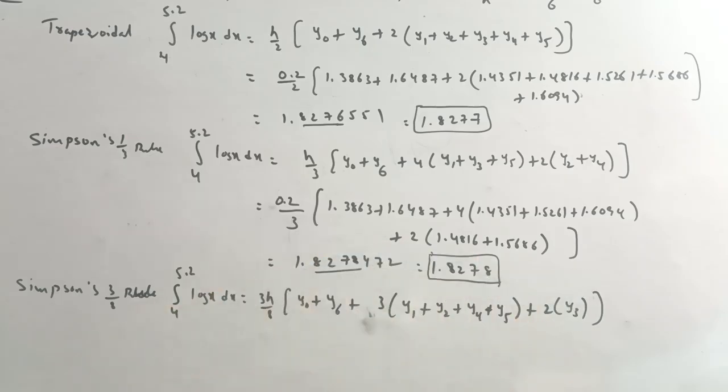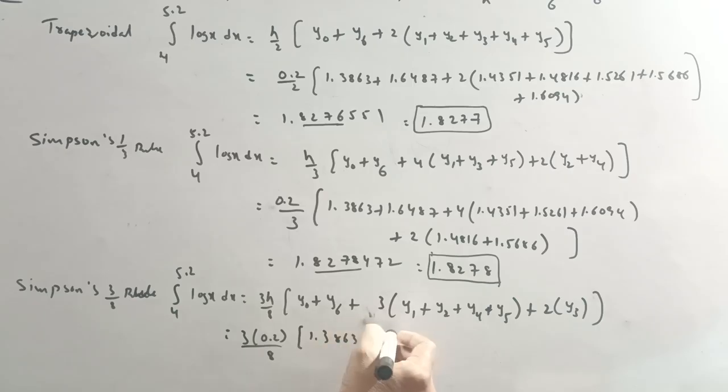So now substitute the values. 3 into h is 0.2, so 3h by 8 is 0.2 by 8. What is our y0 value? 1.3863.